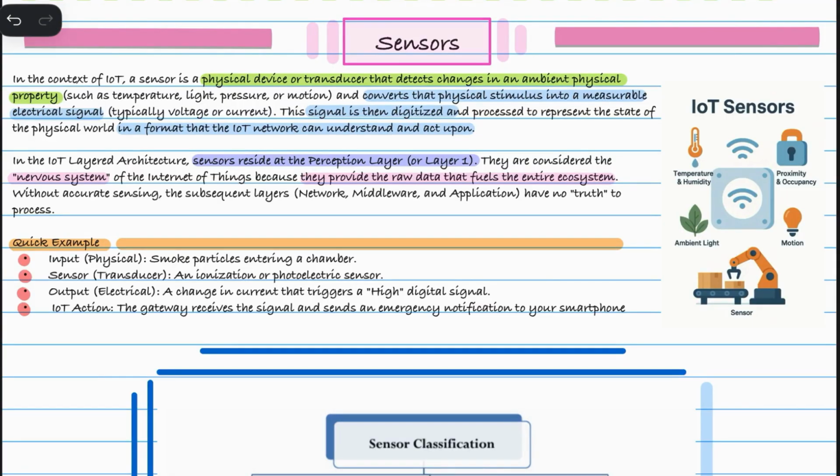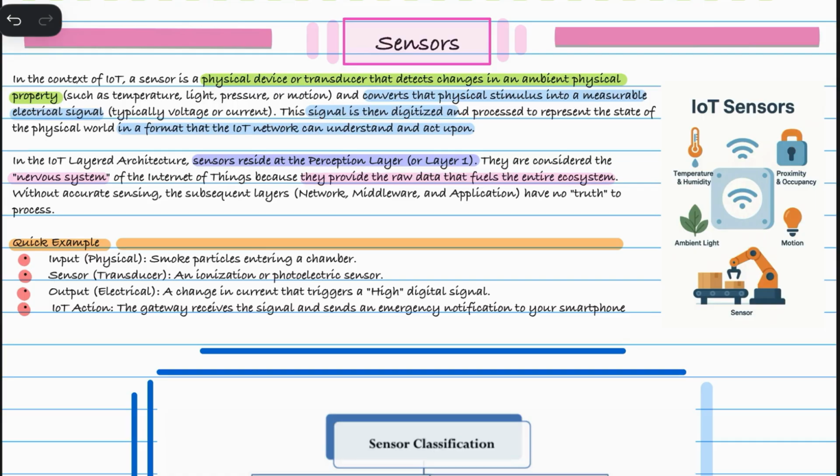Let's start with the foundational step, that is the sensor. A sensor is a transducer. It is just a fancy engineering word for a device that converts one form of energy into another.